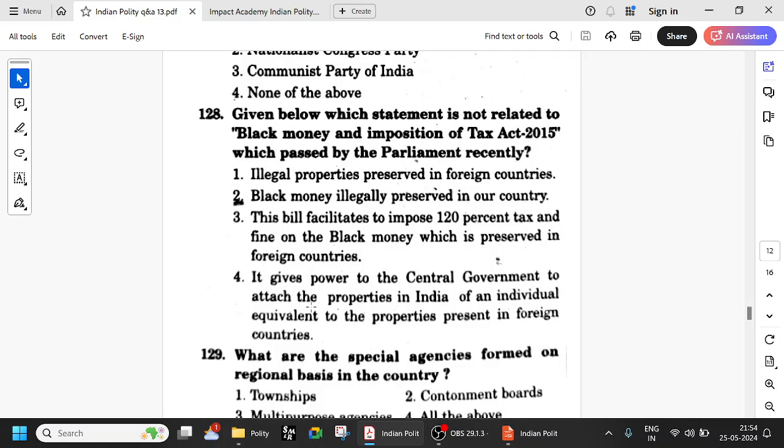It gives power to the central government to attach properties in India of an individual equivalent to the properties present in foreign countries. So actually, this particular act is dealing with black money in foreign countries. Remember that. That is why black money illegally preserved in our country is not dealt with by this particular tax.